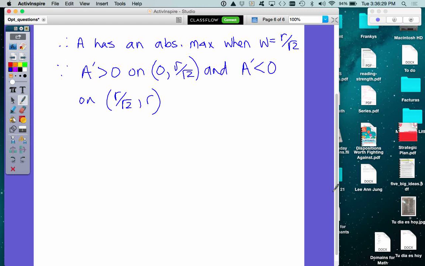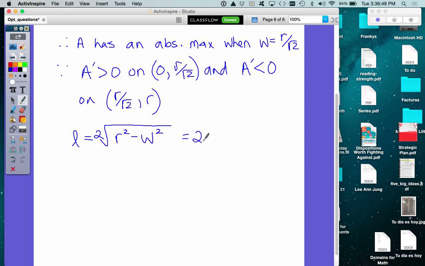Now all we need, because we need the actual area, is a value for L. And we know from previously our equation for L was L equals 2 times the square root of r squared minus w squared.